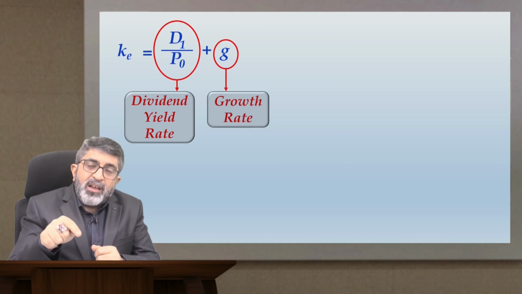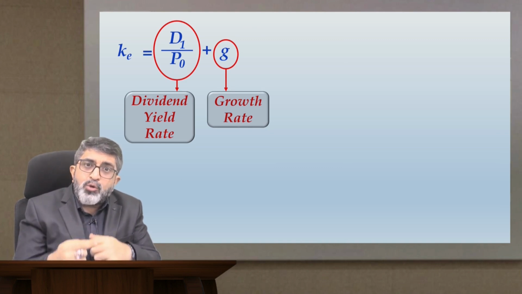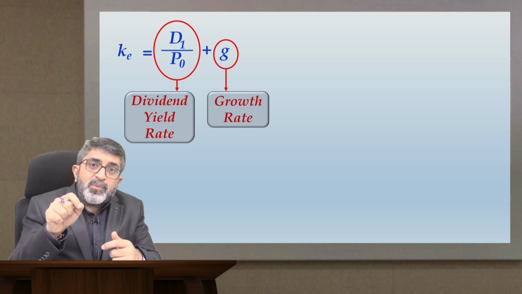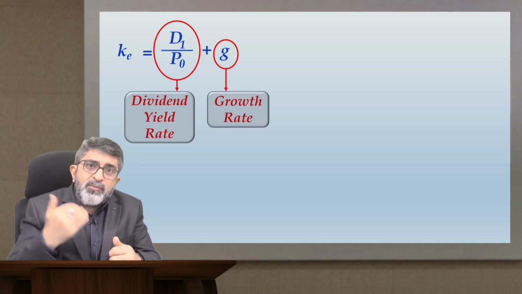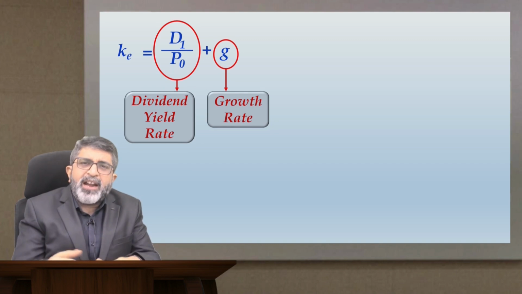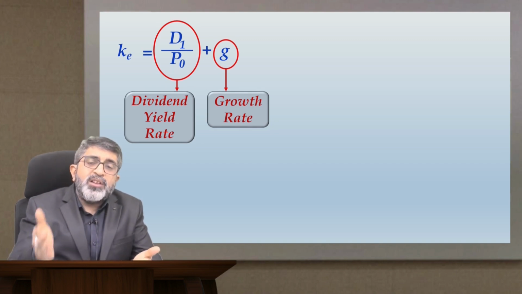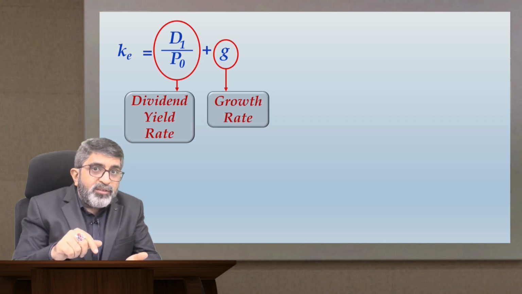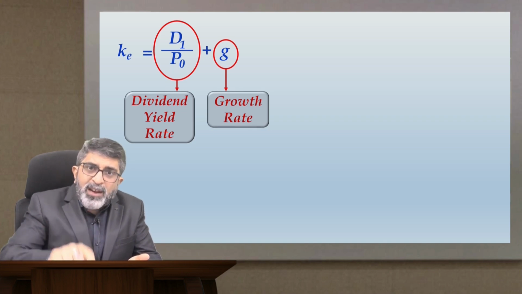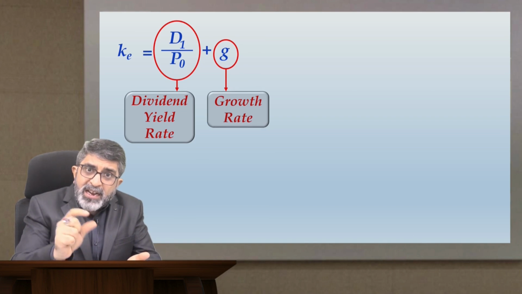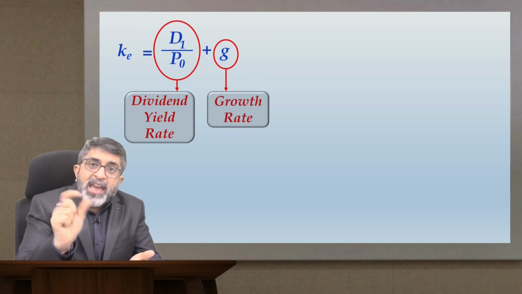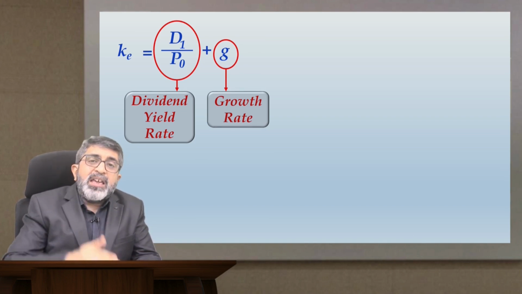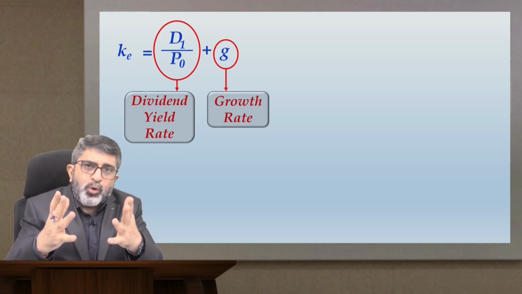That is why, under Gordon's model, when you come across its assumptions, the model assumes that K will always be greater than the growth rate, and it is obvious because K itself is the aggregate of dividend yield rate and growth rate. So K cannot be less than the growth rate. K cannot even be equal to the growth rate.